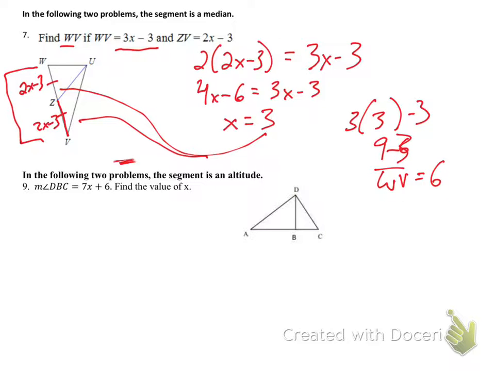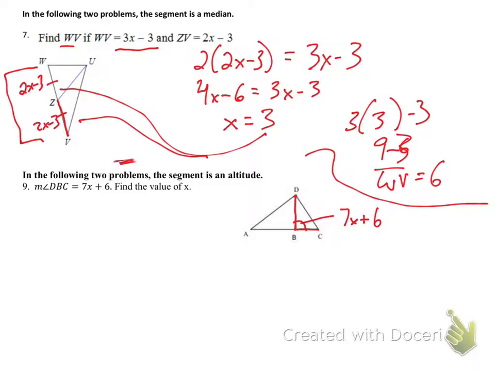All right, the following two problems. So in number 9 here, the segment is an altitude. So if DBC is equal to 7x, so it's saying this angle right here is equal to 7x plus 6. Find the value of x. Well, here's the thing.